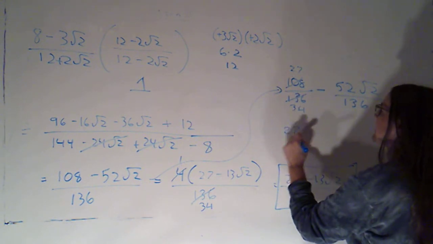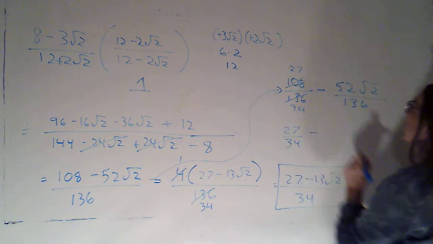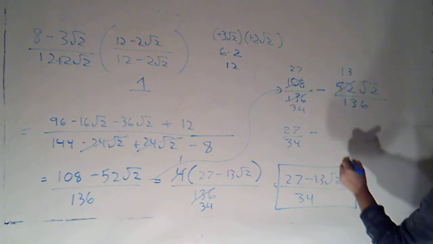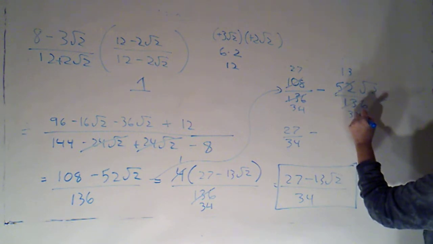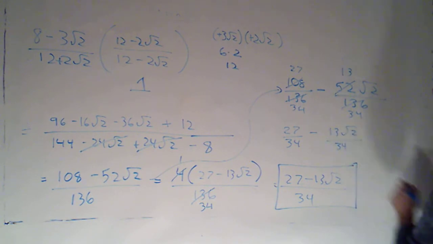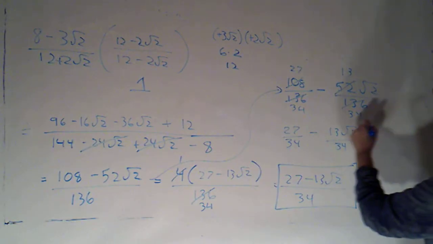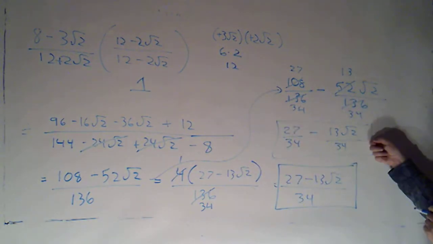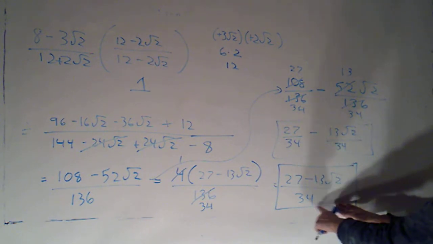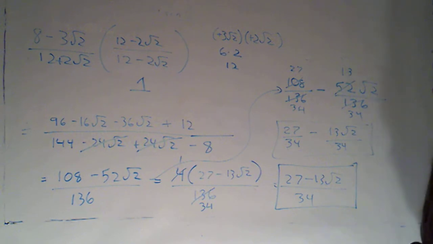So this becomes 27 34ths minus 4 goes in here 13 times and here 34 times. So minus 13 root 2 over 34. Okay. Those are equivalent answers. If I combined these with a common denominator, I'd get this, or if I distributed the division, I'd get this. So whichever way you're more comfortable with is totally fine.